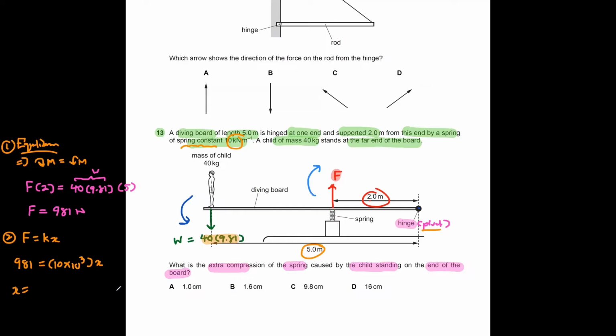So your x will be 9.81 times 10 to the power minus 2 meter. Changing to centimeter, you will get 9.81 centimeter. Your answer would be C. This is for this question. Then you move to question 14.